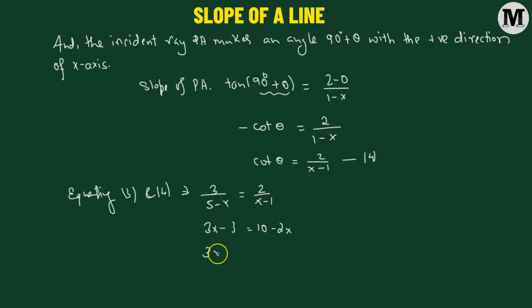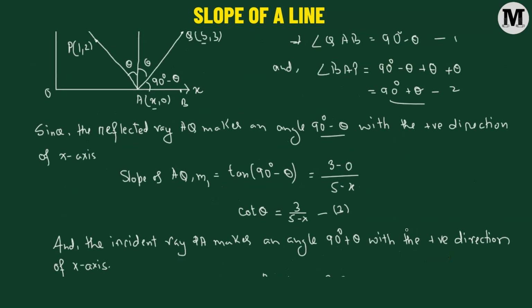So we get 3x plus 2x equals 10 plus 3. So we have 5x equals 13, or simply put, x equals 13 over 5. So we have obtained the value of x. That is all we needed. So the coordinates of this particular point A are 13 over 5 comma 0.